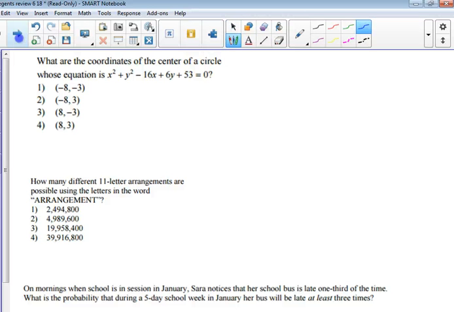You want to do the square though, because they're x and y, so it's mixed.